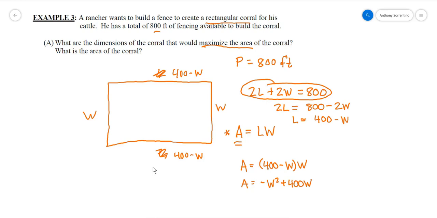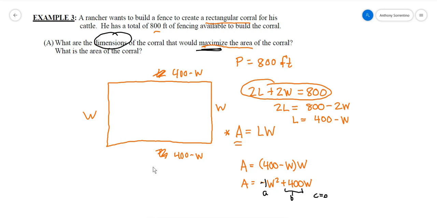It doesn't have a C value, which is okay, but if I'm going with my terminology, this -1 here is A, 400 here is B, and of course C is going to equal nothing. So I have a formula for this. I want to find, what are the dimensions and what's the maximum area.